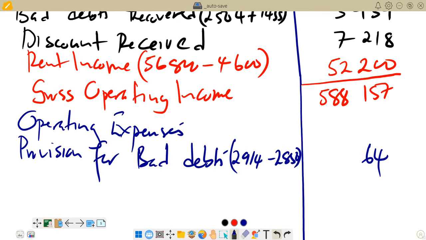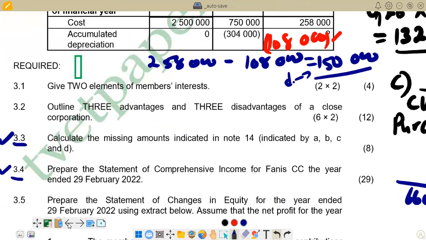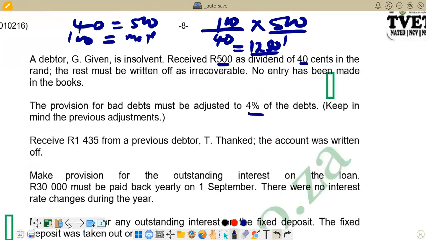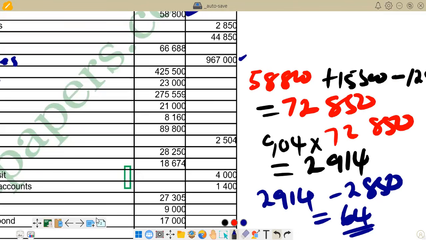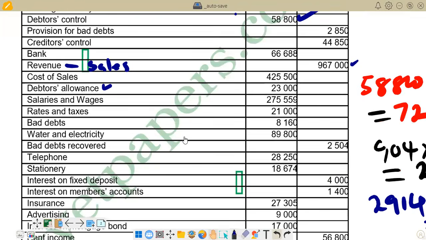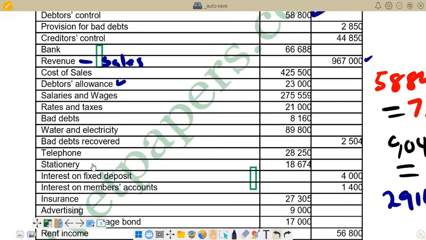So we go again on the list of balances. We recheck again any expense that we have in the question. We are on provision for bad debts. It's here. We go down, check another expense. We have salaries and wages, 275,559.